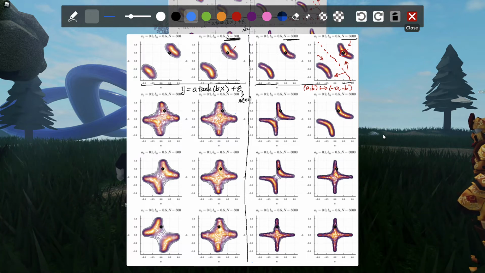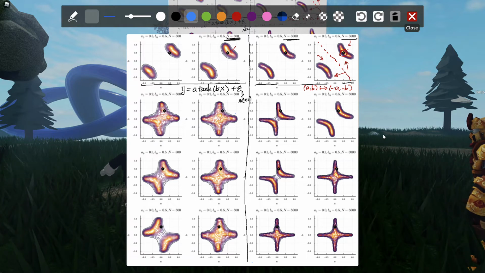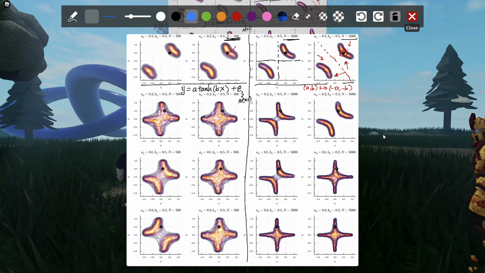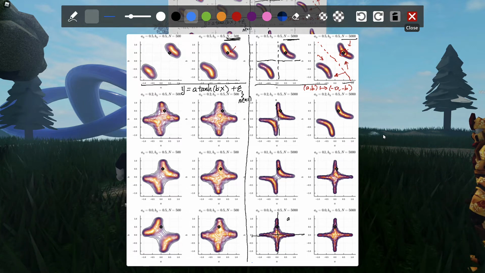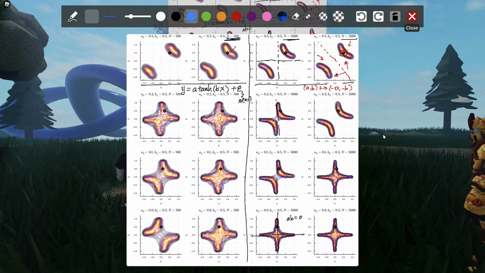And going from top to bottom, the true parameter moves closer and closer to the axes. And on the bottommost plot, the true parameter is on the axis, while it's on the set ab equal to 0.